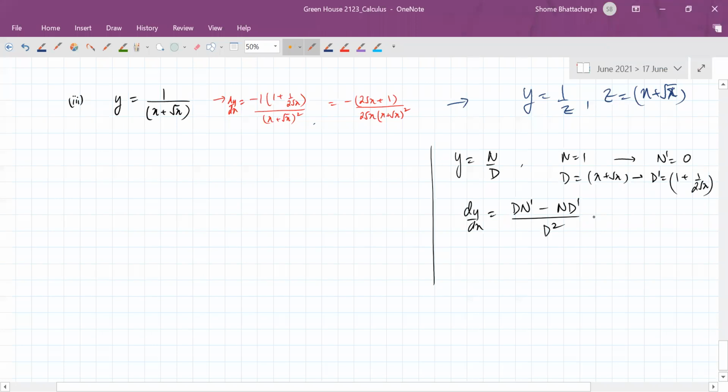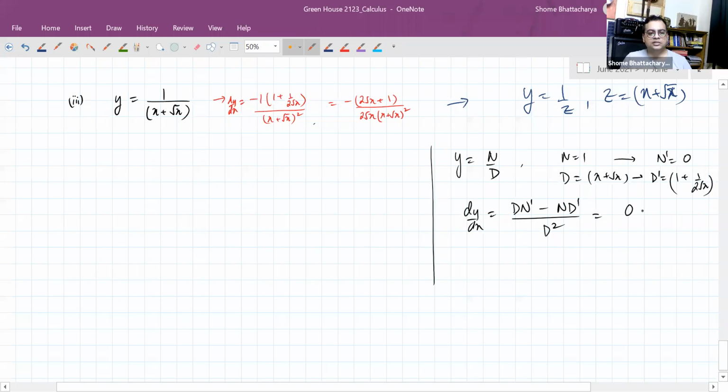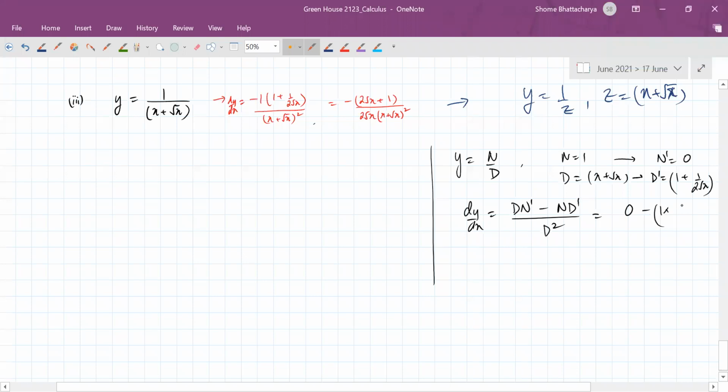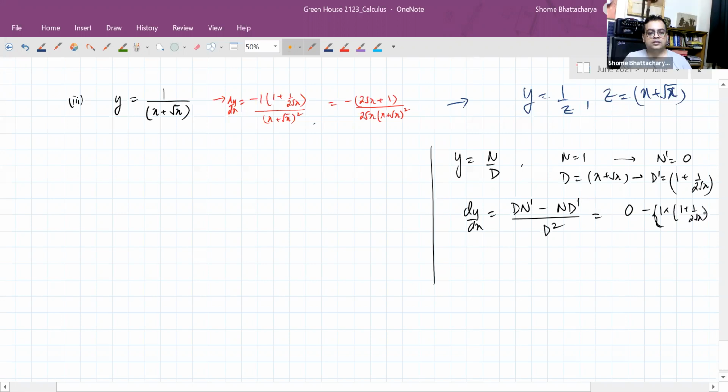Now if you directly substitute it here, it will come as 0 minus 1 into 1 plus 1 by 2 root x, divided by this denominator, which is x plus root x squared. So you can do it this way also. So it's directly minus of 1 plus 1 by 2 root x divided by x plus root x whole square.